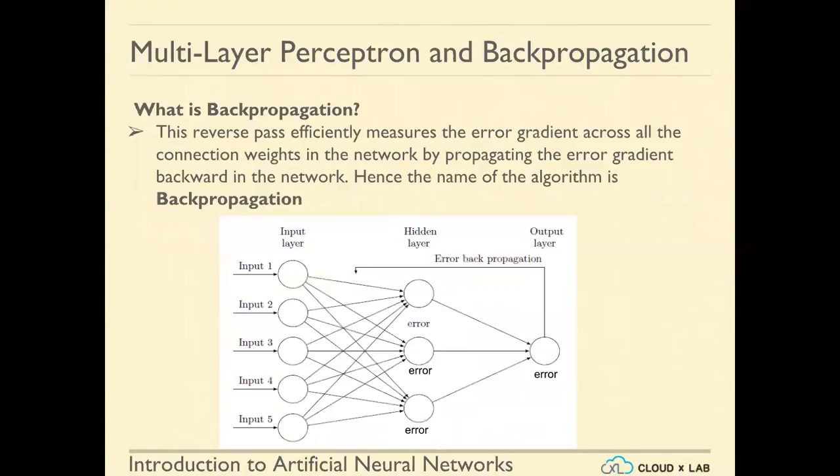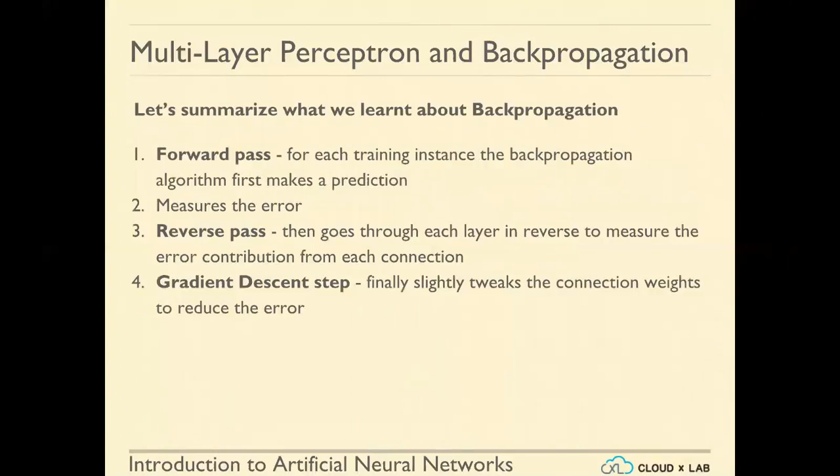So the reverse pass efficiently measures the error gradient across all the connection weights in the network by propagating the error gradient backwards in the network. Hence, the name of the algorithm is backpropagation.